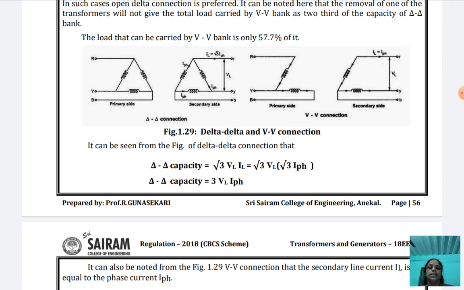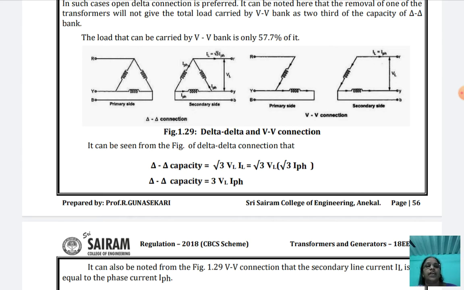In the delta connection, how do we calculate the capacity? It is root 3 VL IL, but IL is root 3 times the phase current. But in the VV connection, one of the phases is opened.